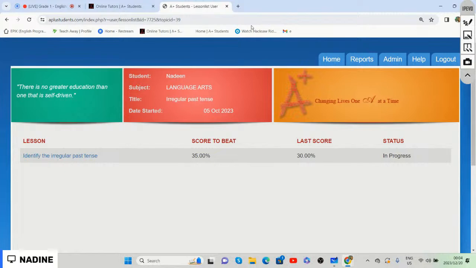All we know is that when we talk about past tense, we're specifically talking about something that happened in the past, meaning it happened already.